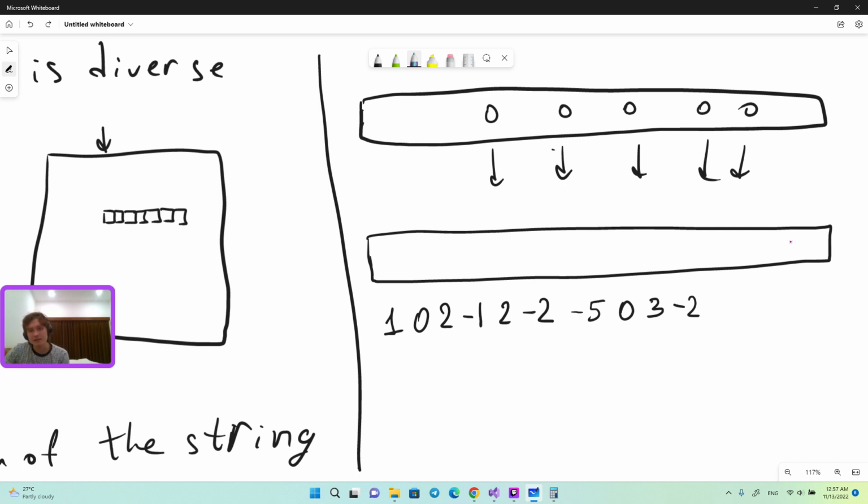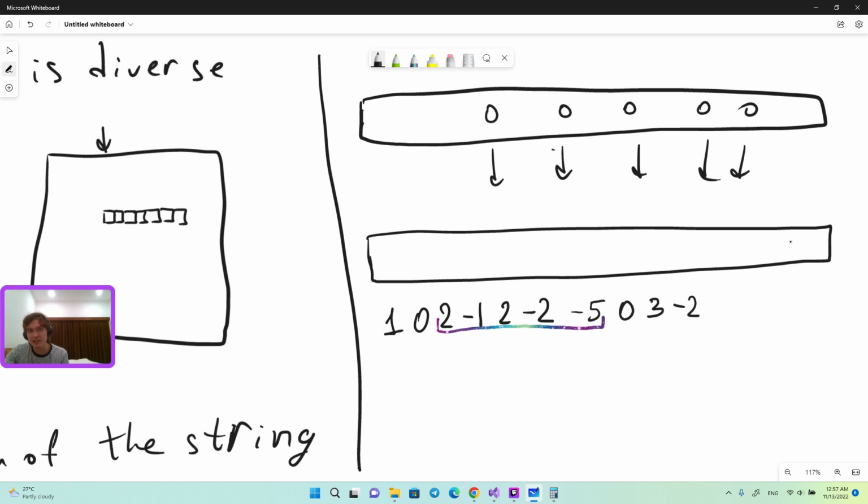The key observation is that you cannot change the relations between these numbers.